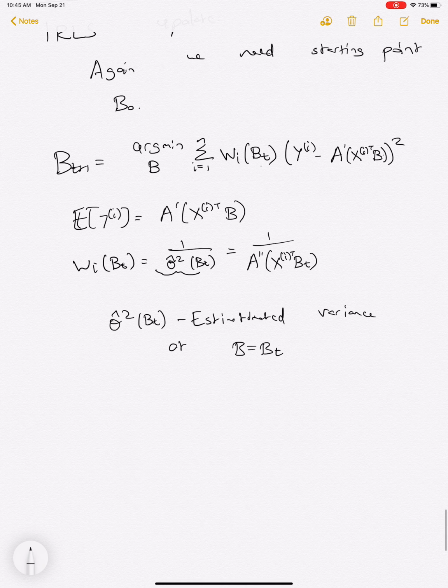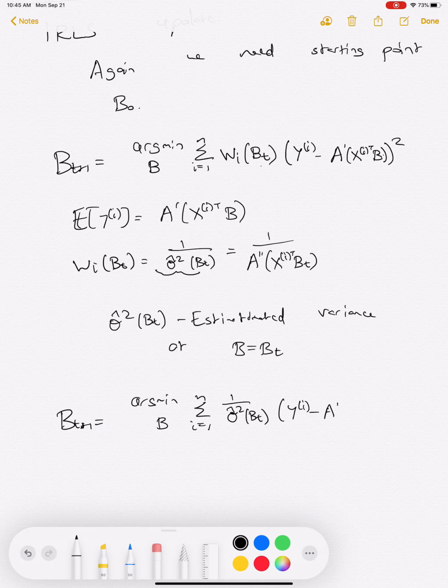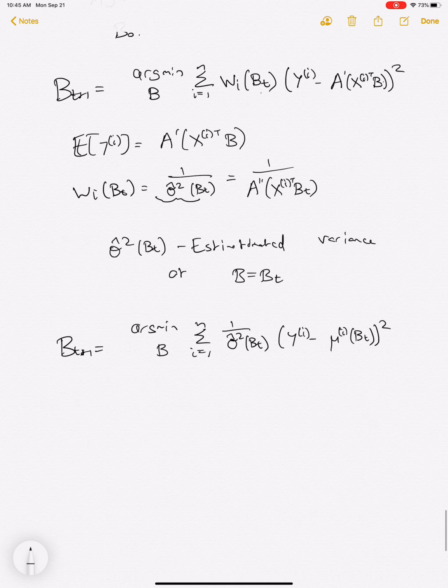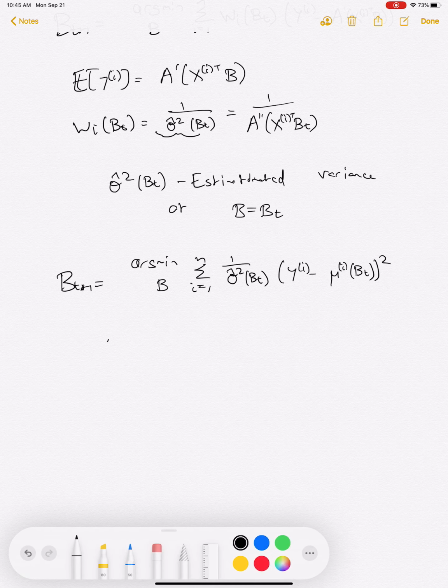And so another way to interpret this is just that it's the... okay, sorry, that's not a BT.